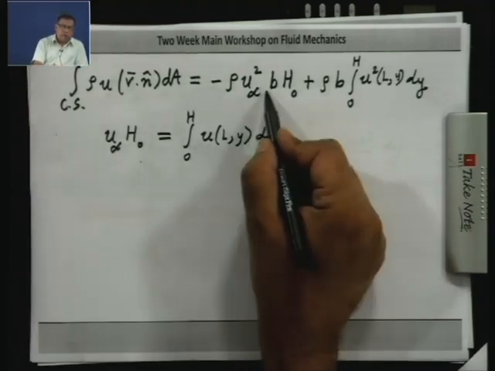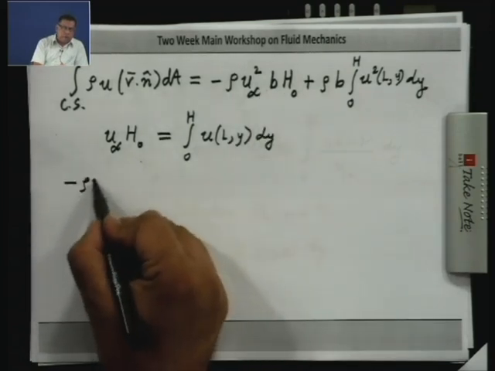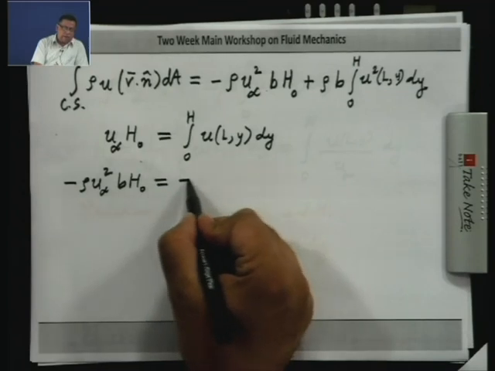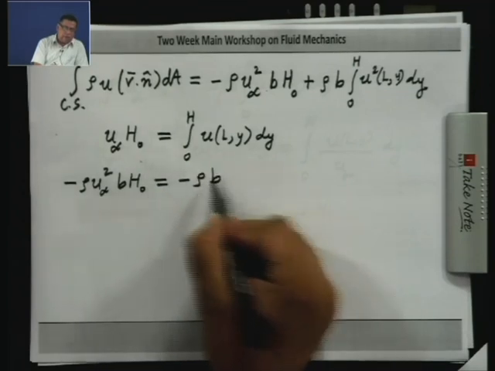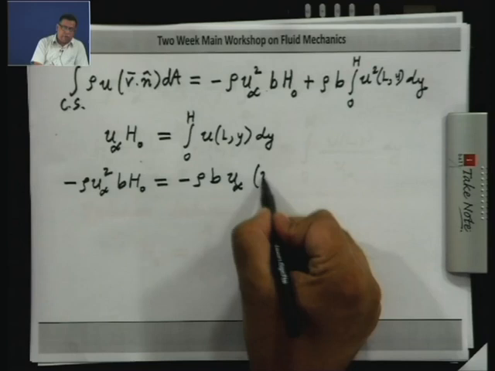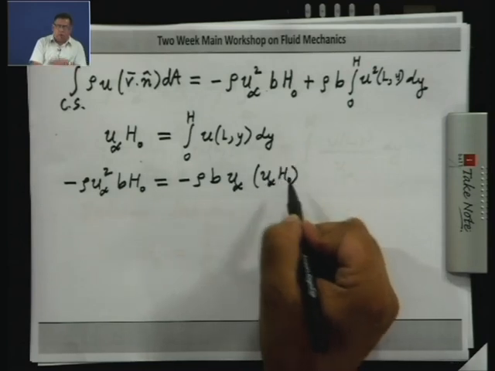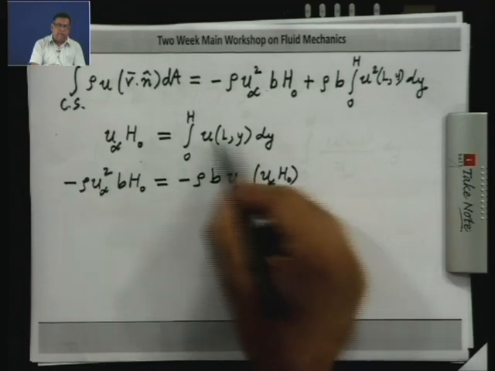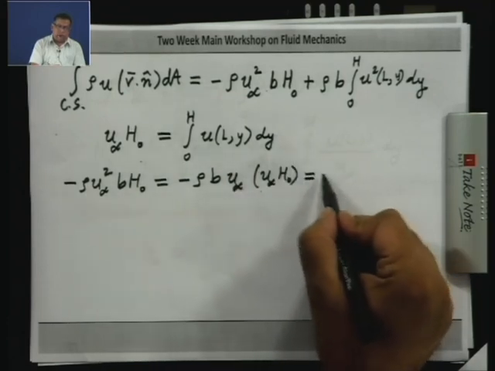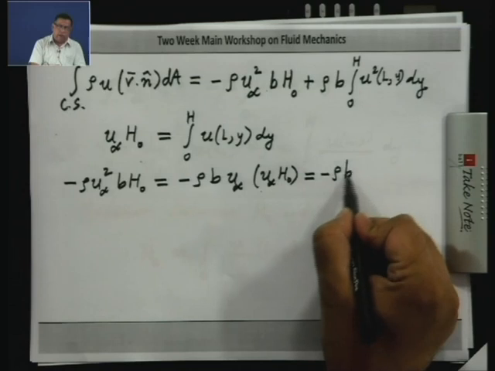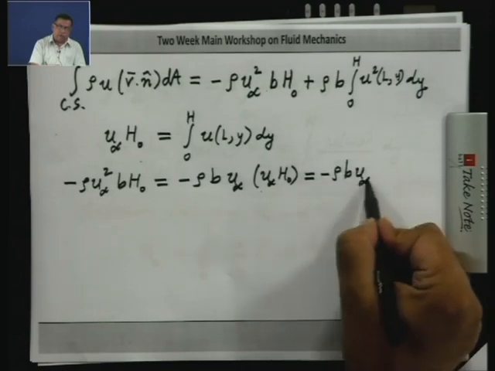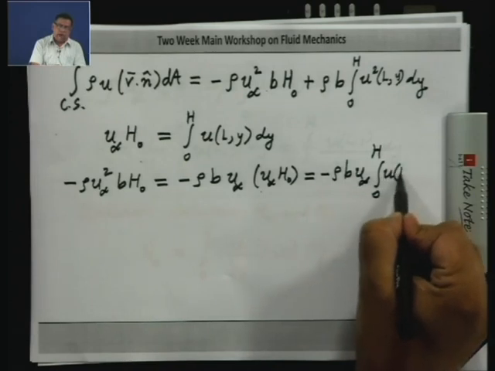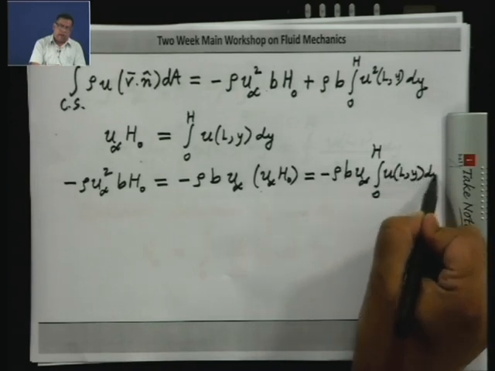Now, this first term here, minus rho u infinity squared b h naught, I can write as minus rho b u infinity into u infinity h naught, and then u infinity into h naught I can replace by this integral. So, I can write it as minus rho b u infinity integral 0 to h of u at L, y dy.